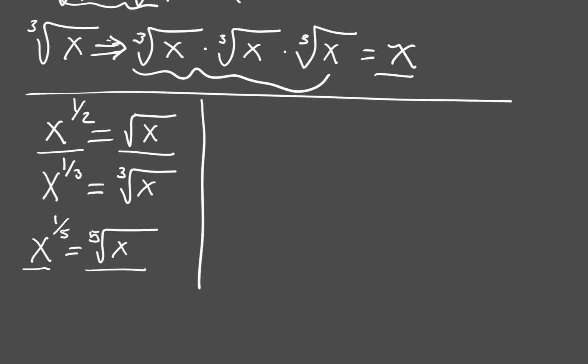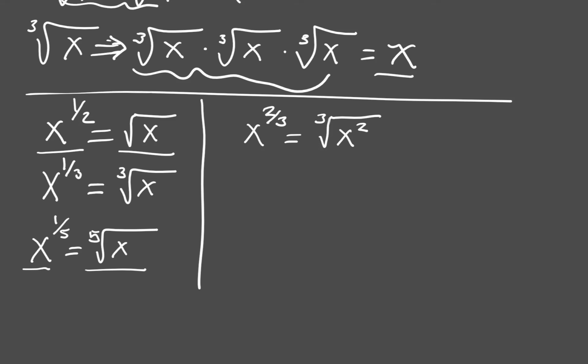Okay, it works for not just 1 factors too, right? So let's look at like x to the 2/3. That's 2/3 of a factor of x. So this is the cube root of x squared, because it's 2 times as big as a third, right?